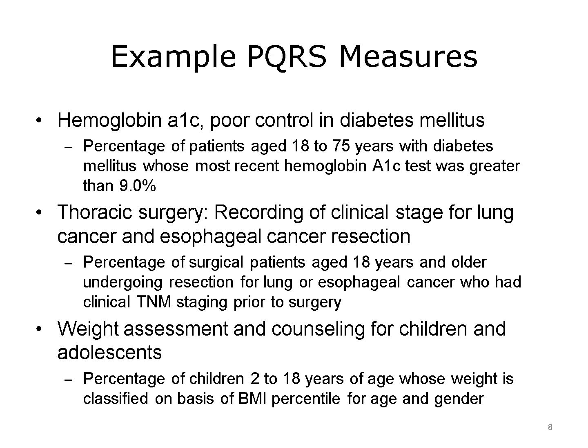For patients undergoing resection for lung or esophageal cancer and requiring thoracic surgery, the measure is the percentage of surgical patients aged 18 years and older who had clinical TNM staging prior to surgery. TNM stands for tumor, node, metastases, and TNM staging determines the extent of cancer in the patient's body.